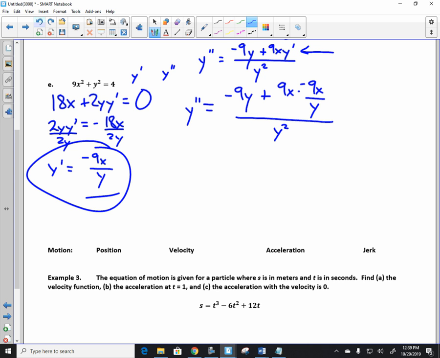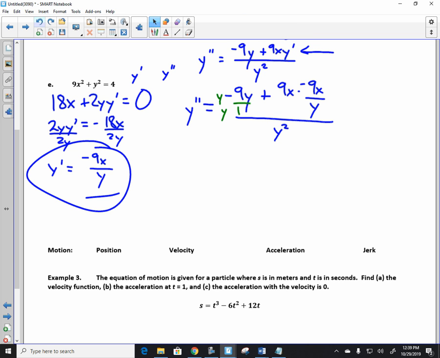Samantha saw what was happening. She said, oh, now we've got a complex fraction. How do we handle complex fractions? Common denominators. She's on a roll. Multiply top and bottom by what? Y.